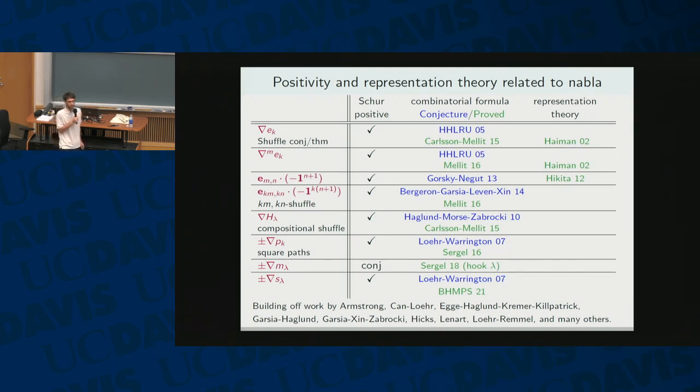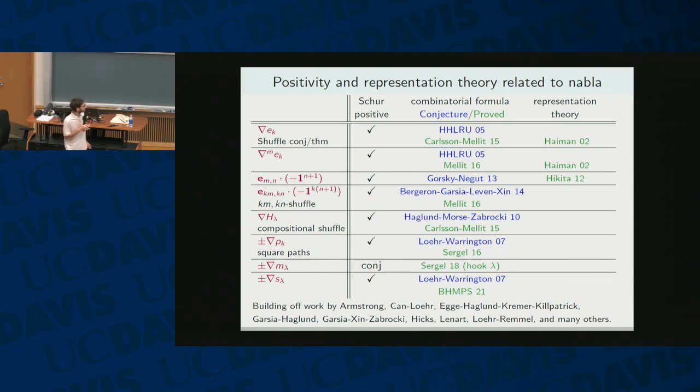lambda. Other variants involve something called the elliptic Hall algebra, where now this combinatorial side involving Dyck paths in a K by K square gets replaced by Dyck paths in an M by N rectangle. So many more generalizations. The representation theory is more difficult.